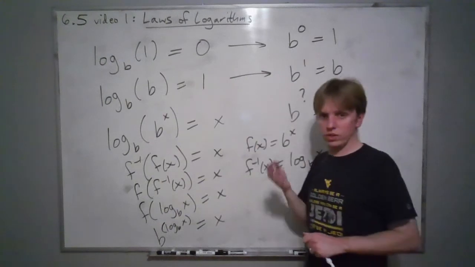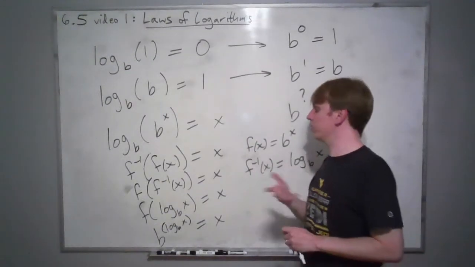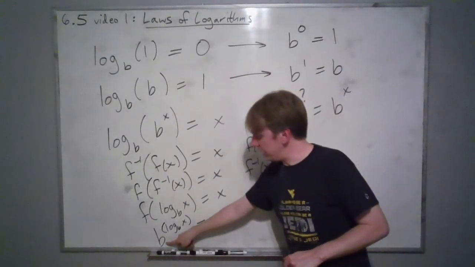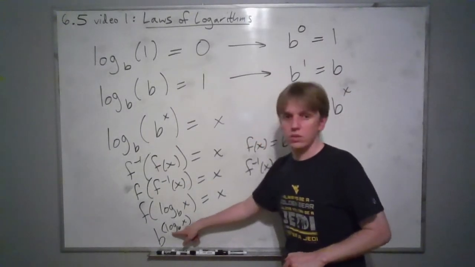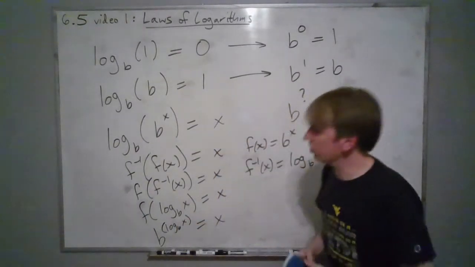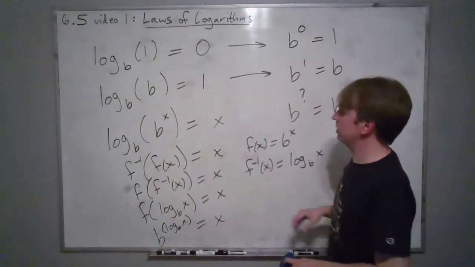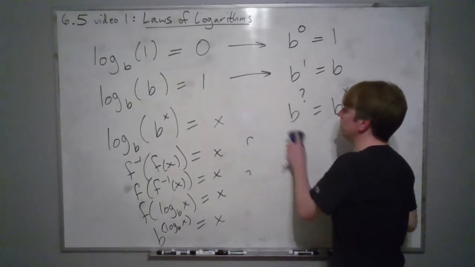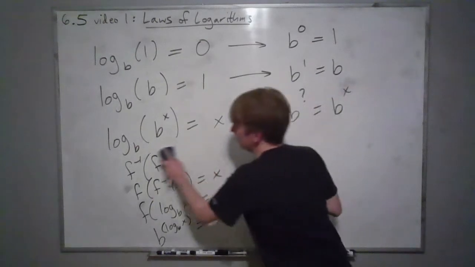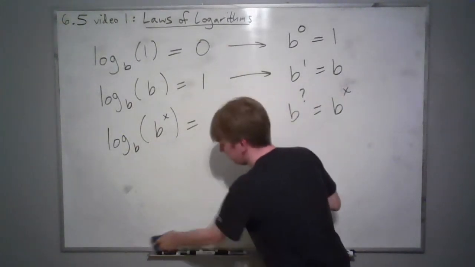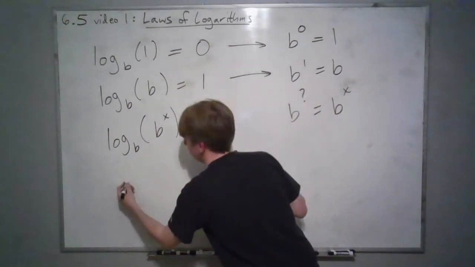Like a square root and a square cancel each other out, or a cube root and a cube cancel each other out, same thing here. If we have a base b and a log base b, those two should cancel out. This is really small and on the edge of the board. Let's try rewriting this. I don't need the rest of this chunk, so let's erase and give this formula the glory it deserves, or at least write it large enough to be legible.